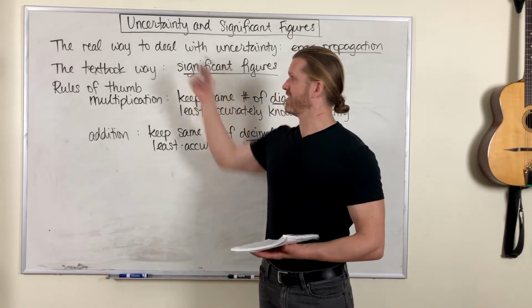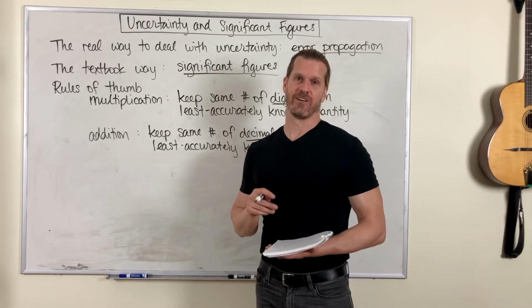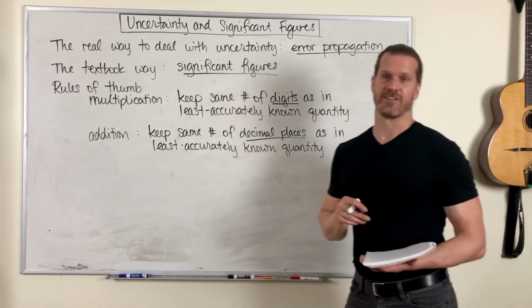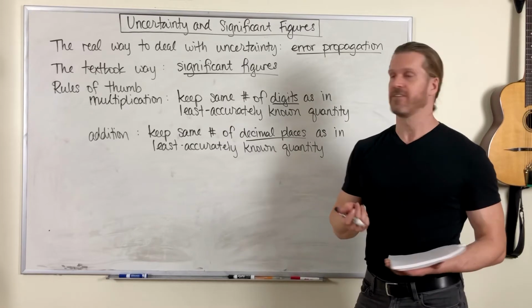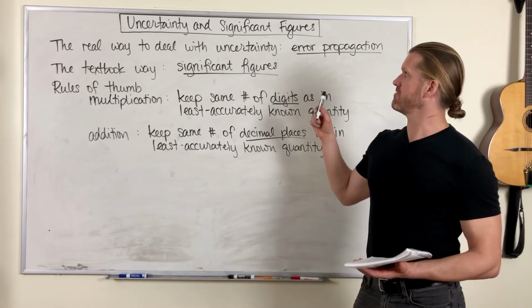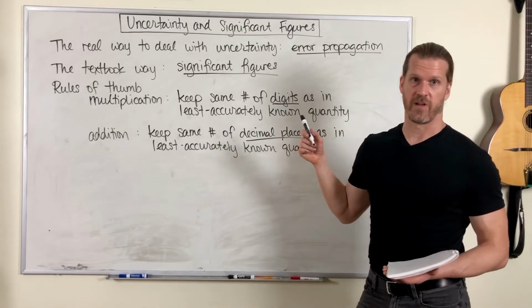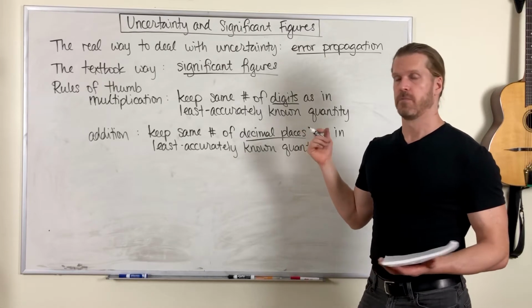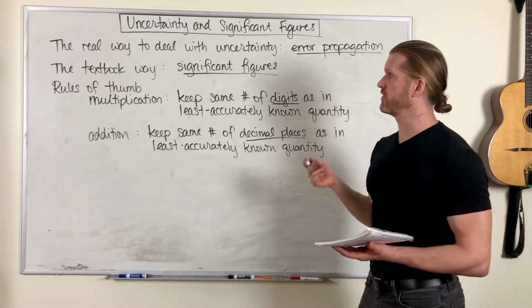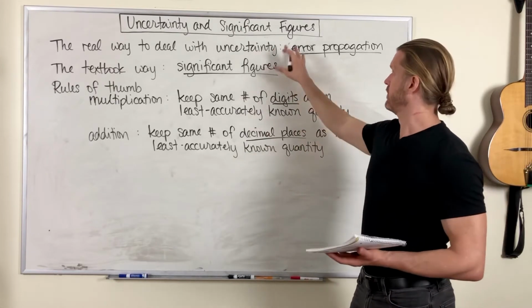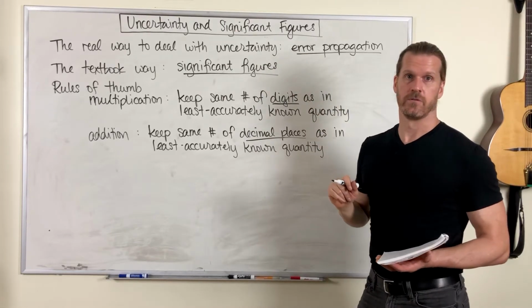The real way to do this is through a process called error propagation. That involves using calculus, and it is overkill for what we're doing in this class. But if you're doing physics research that needs to be published, this is what you'll have to do.